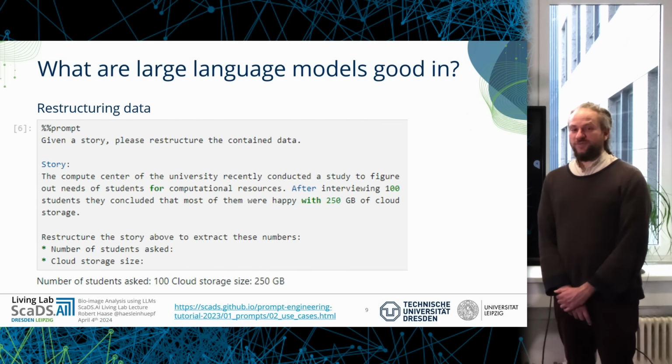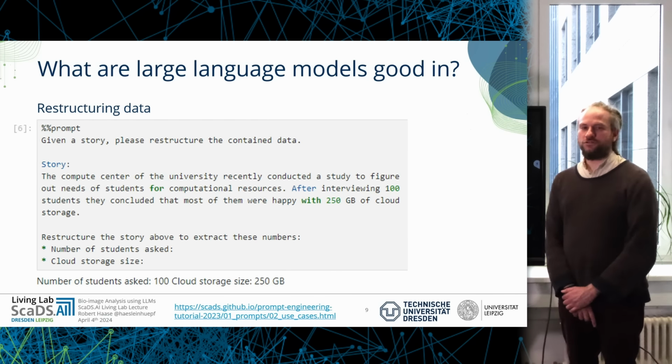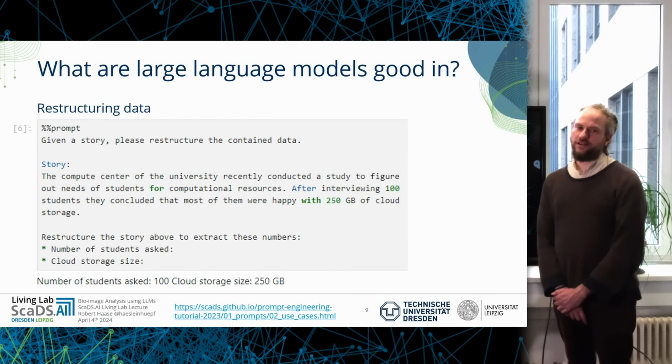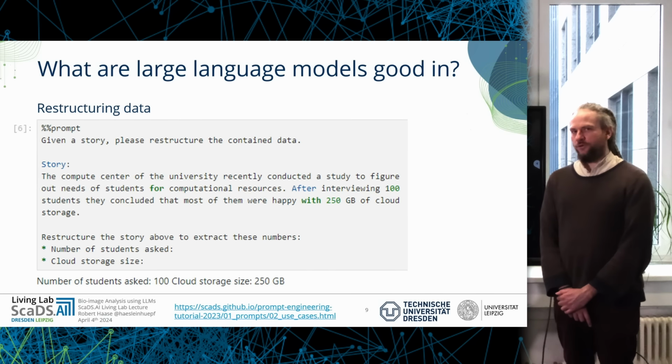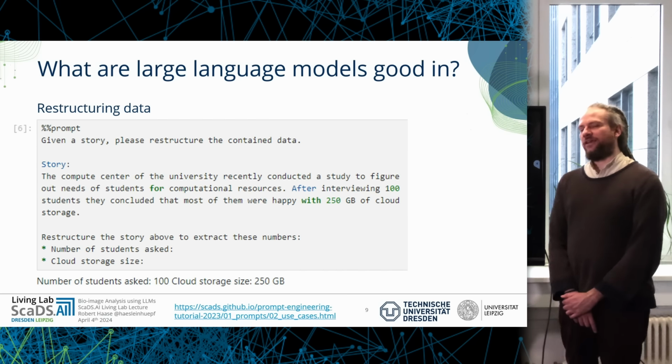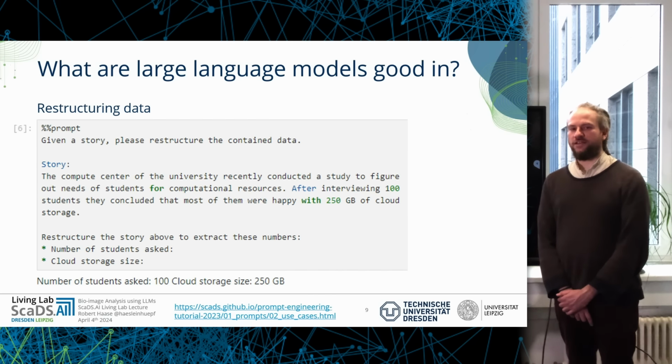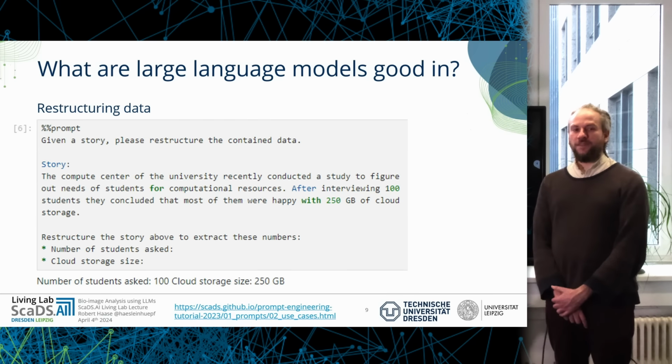Then also a very common use case, not so often talked about, restructuring data. So large language models are quite good at taking data in one format, like a long text, and extracting information into a shorter text. So here the prompt is, given a story, please restructure the contained data.